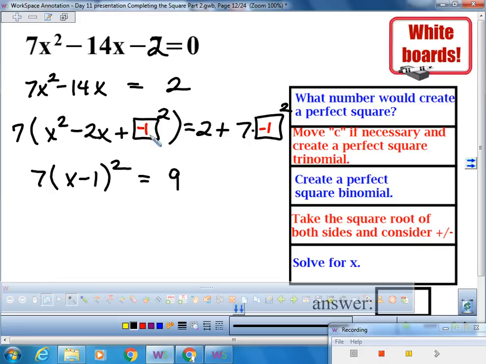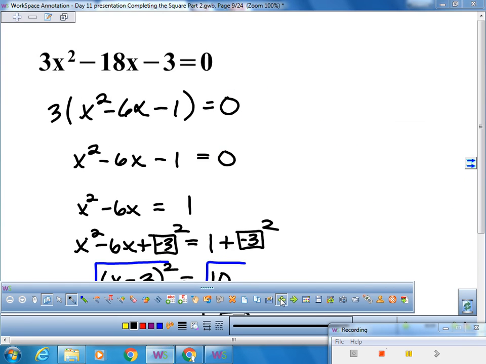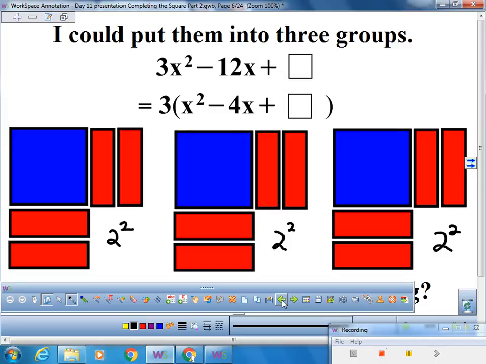No, we factored out a 7, and so this is our new trinomial right here. From here, maybe it would help to go back and look at this slide. Christiana, look.